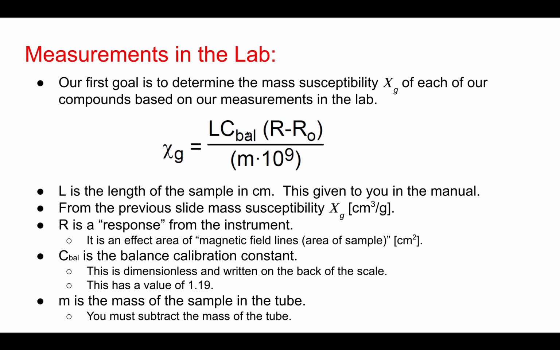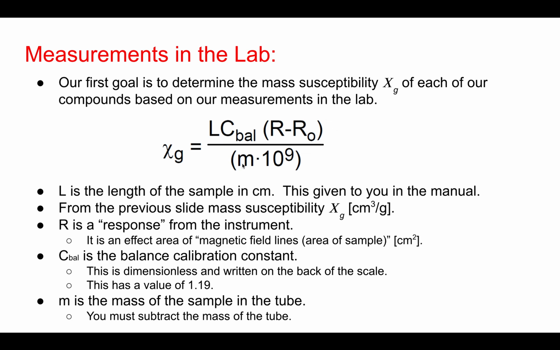The calibration constant of the balance is like an offset because the balance isn't perfect. Okay, so it calibrates off of many samples to try to get the right value it's looking for, maybe number of unpaired electrons. This R is the response, the machine response. Okay, this is the machine response for an empty tube.